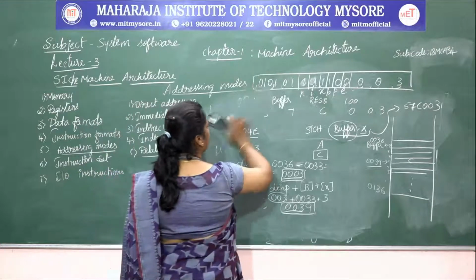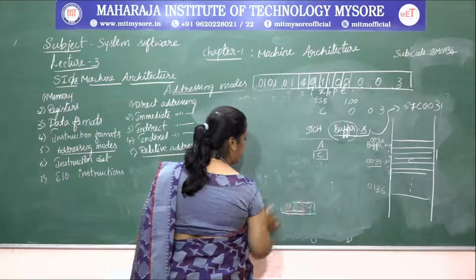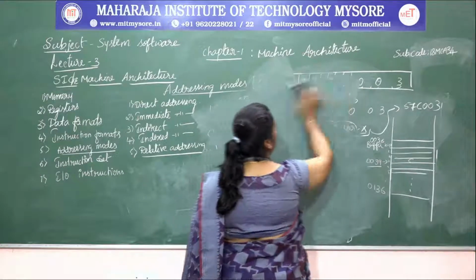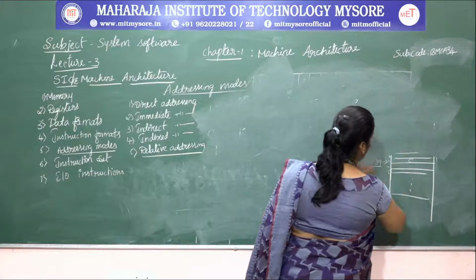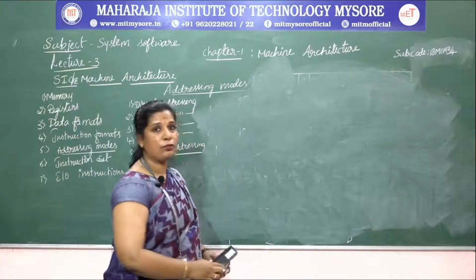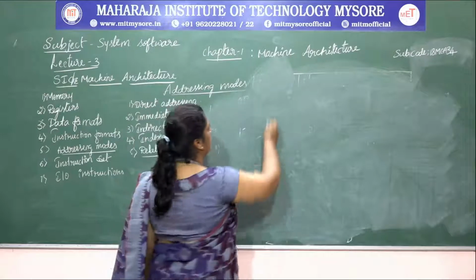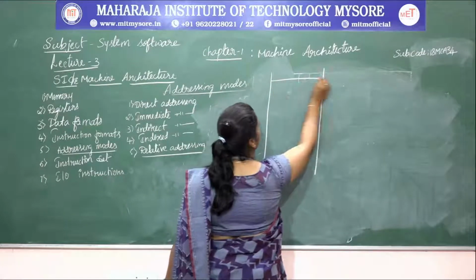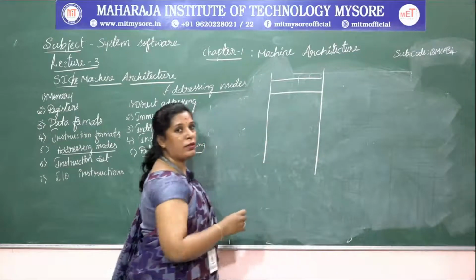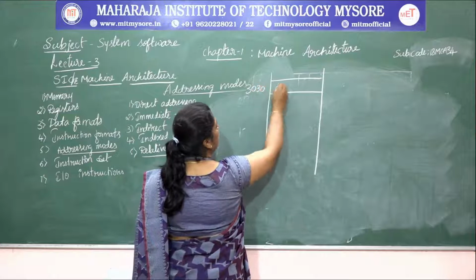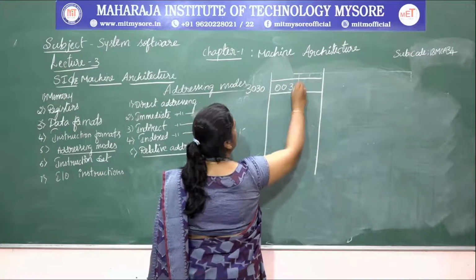So let's take some examples of how to decode an instruction and get the target address, using a different example. Let us assume I have a memory structure here. At memory location 3030, some value is there, 3600.